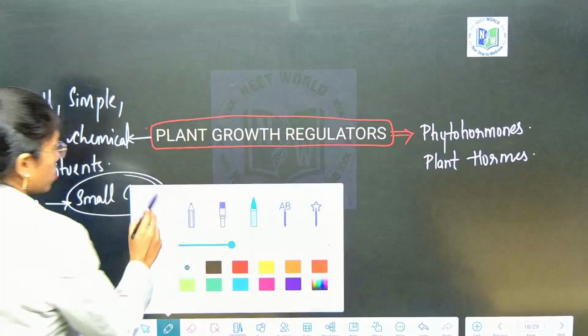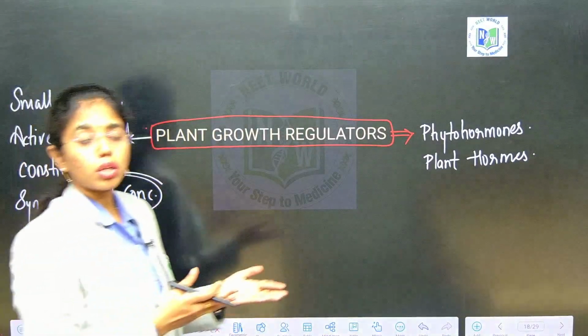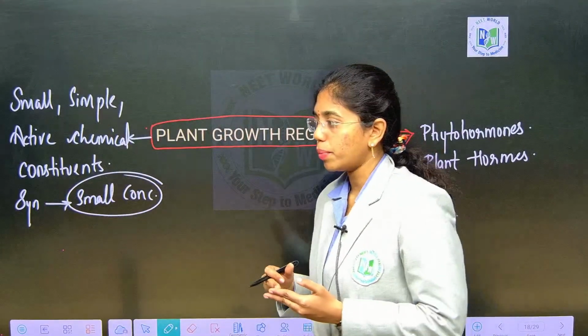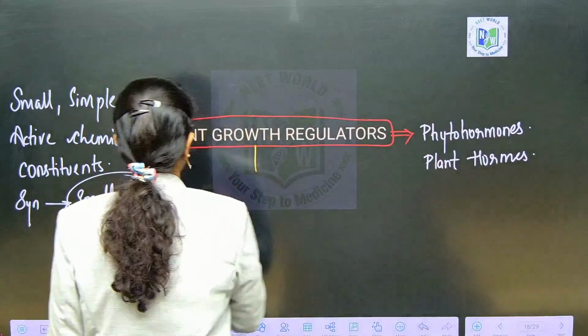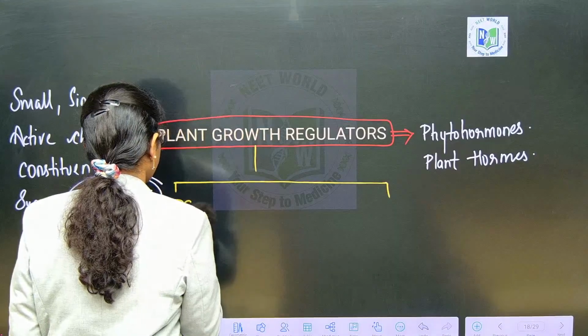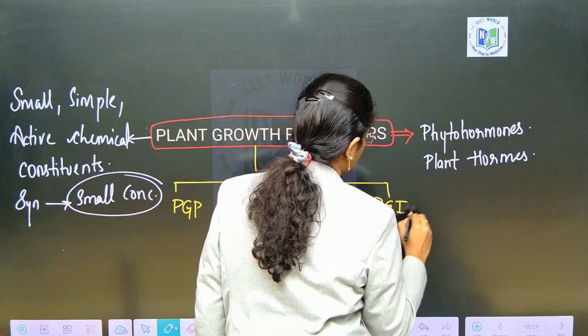As such, if you see plant growth regulators, they can either promote the growth and development of the plant, or they can inhibit the growth and development of the plant. As such, we have two types of plant growth regulators. One section is plant growth promoters and one more is plant growth inhibitors.